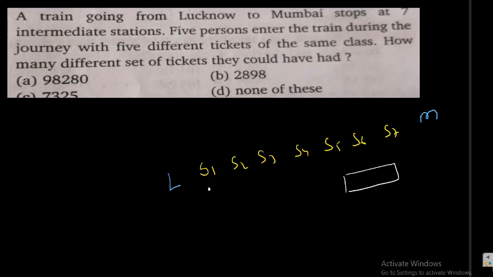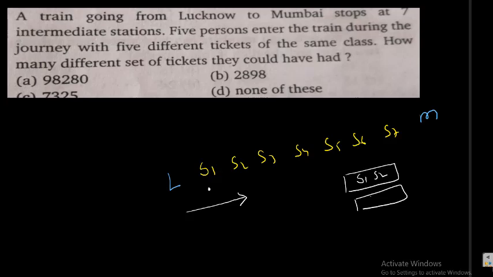On this ticket we can print as S1, S2. What is the meaning of S1, S2? The person can travel from station S1 to S2 only. Okay, train is traveling from Lucknow to Mumbai, no? So train is not written, just Lucknow to Mumbai. So that's why on one ticket they can print S1, S2. Means the person can travel from S1 to S2.